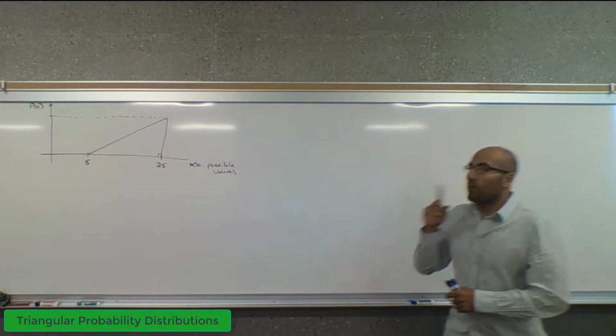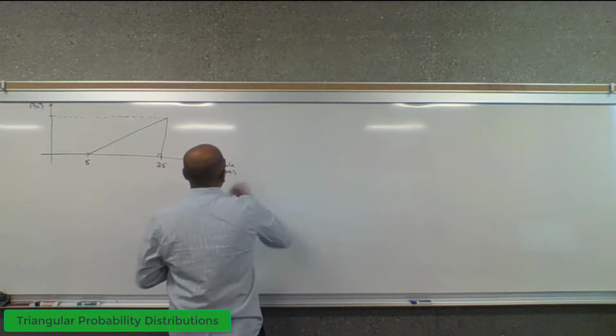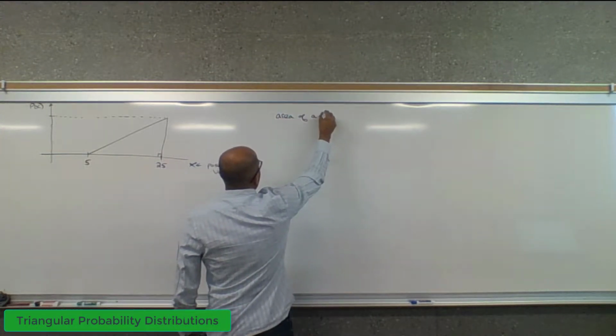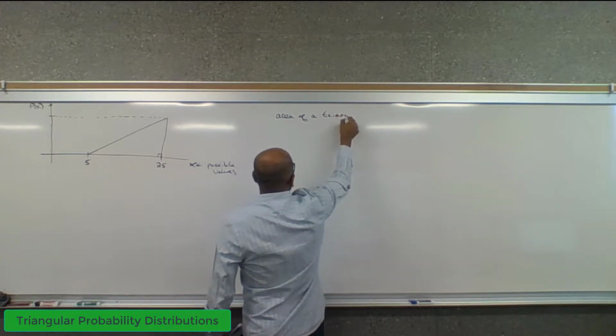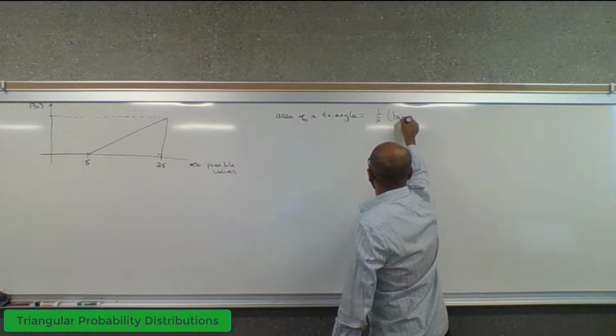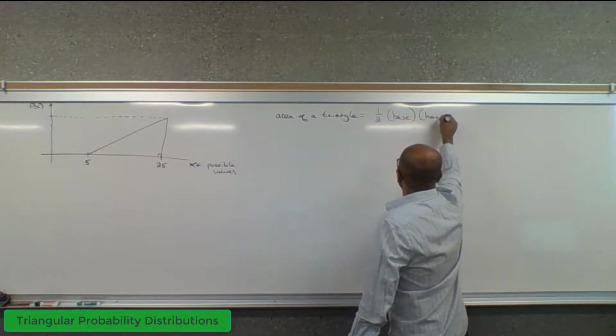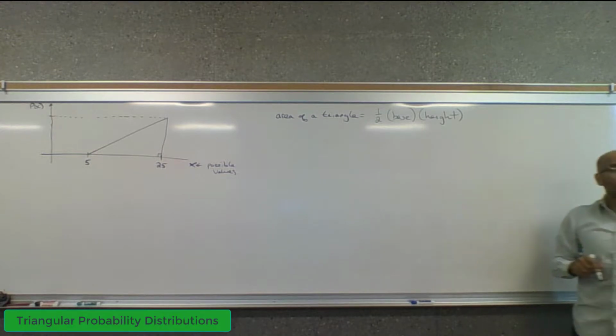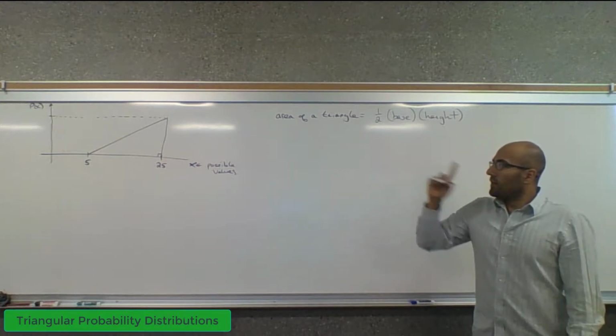Okay, so we know that the area of any triangle is equal to 1/2 times the base of the triangle times the height of the triangle. 1/2 base times height, that's always the area of any triangle.